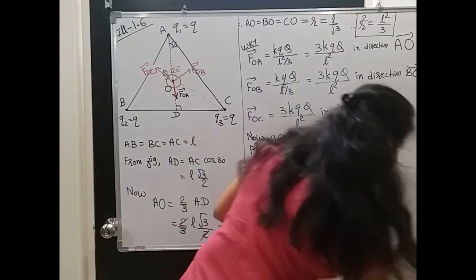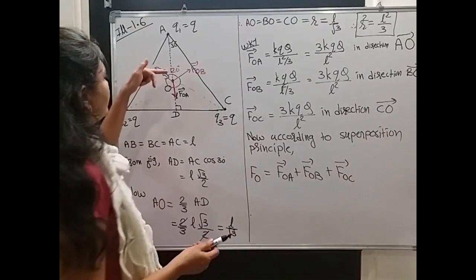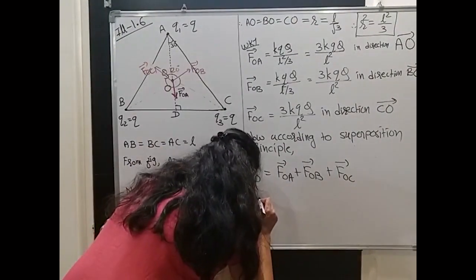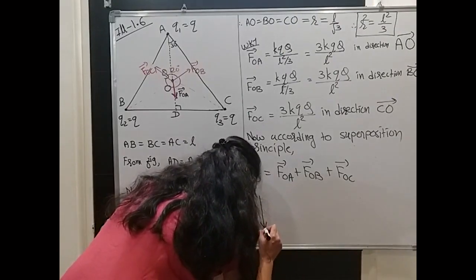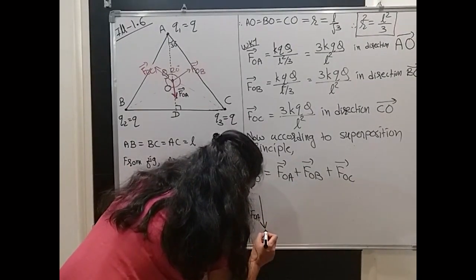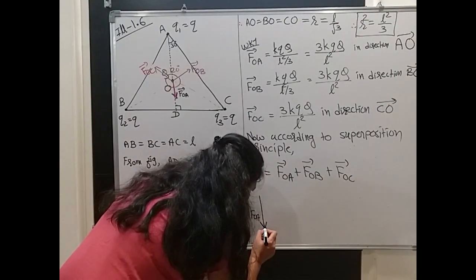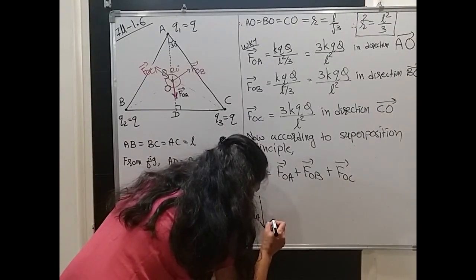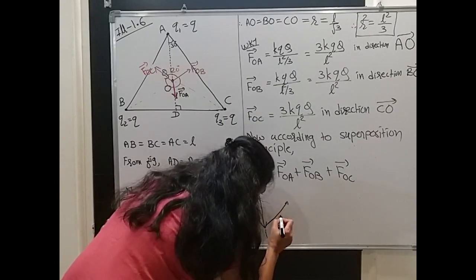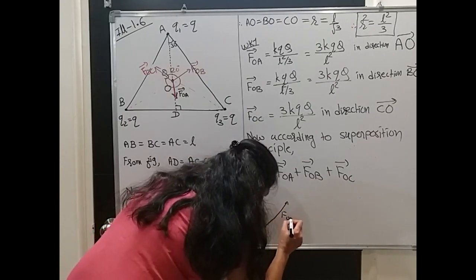I want to use the method of triangle. So from the head of the first vector I will draw another vector. This is FOA. From the head of A I will draw the second vector at an angle of 120 degrees, same magnitude. So this is FOB.